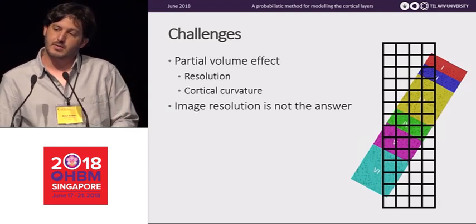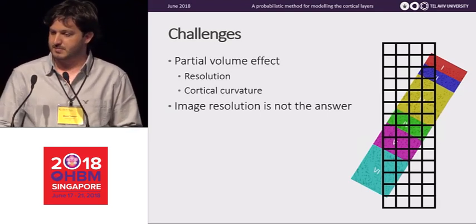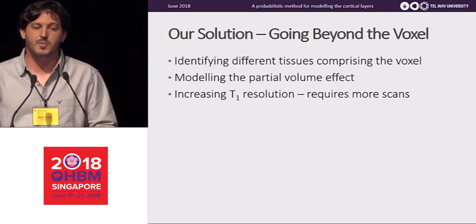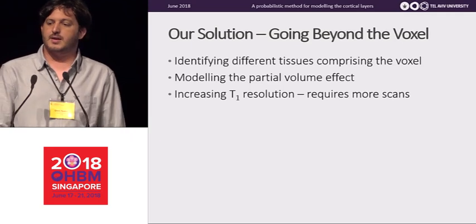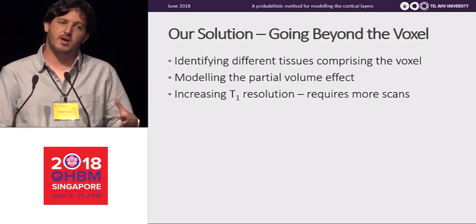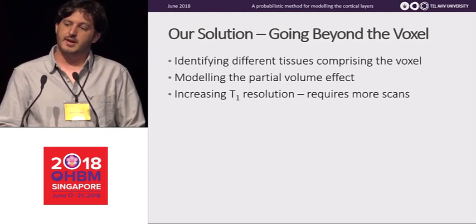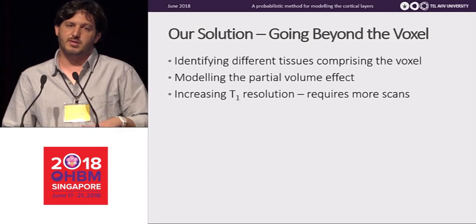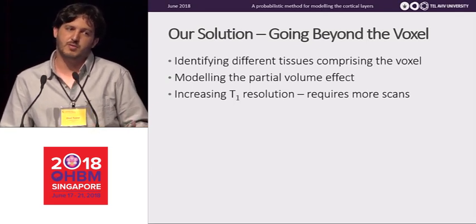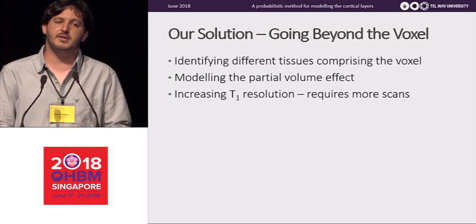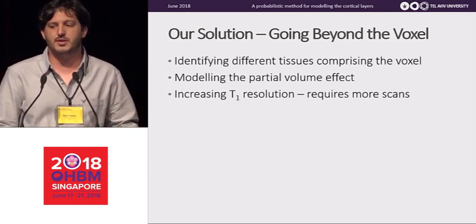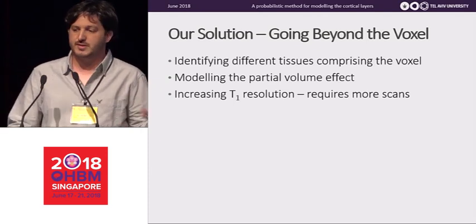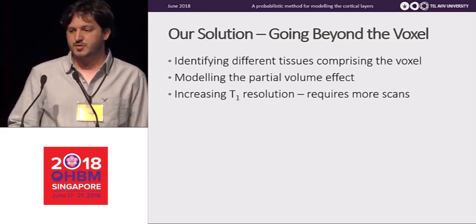The solution that we have been looking into is to go beyond the voxel, which means breaking down the voxel into the tissues that comprise it, and in this way modeling the partial volume effect: not only the CSF and white matter partial volume that occurs, but also the partial volume of more than one layer inside the voxel. In order to do that, you need to increase your T1 resolution, which requires more scans.